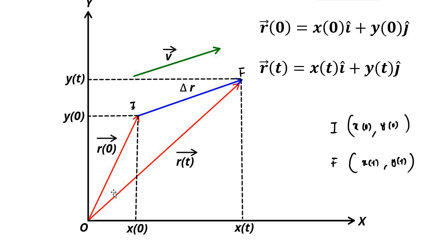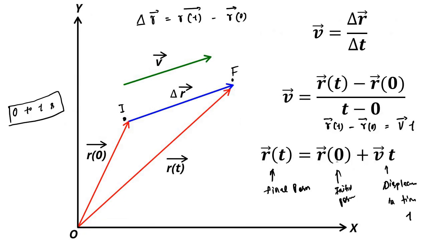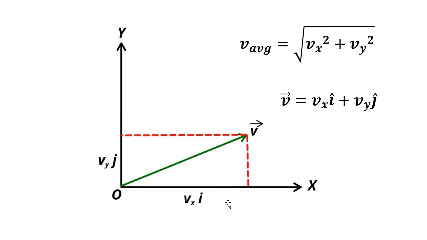So here we got that rt vector is equal to r0 plus v vector multiplied with the time interval. Again, we know that the velocity vector also has its two individual components, x component and y component. Let's say the v vector, the average velocity vector, is equal to vx i cap plus vy j cap.